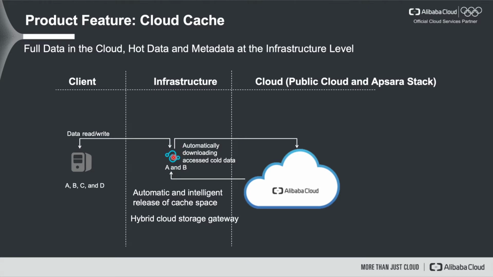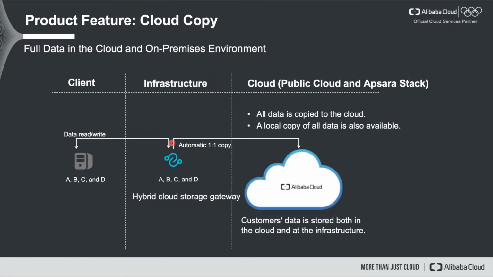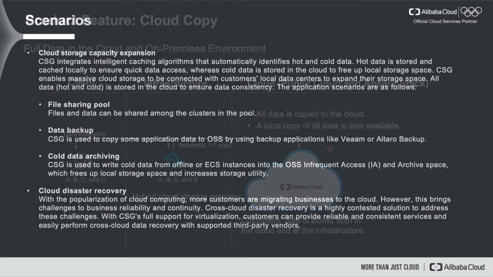Cloud Storage Gateway manages the frequently accessed data and the cold data. The cold data is sent to the cloud, and the hot data is accessed by the customers locally. Cloud Copy, full data in the cloud and on-premises environment. Simply saying, there's a one-to-one copy from the local environment to the cloud.